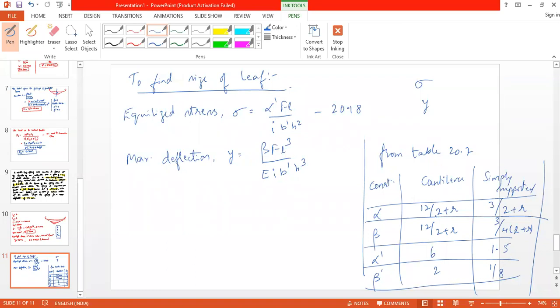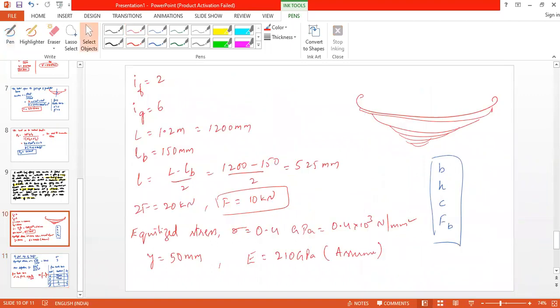So from table 20.7, for the cantilever type of strength, alpha dash is 6 and beta dash is 2. Alpha is 12 by 2 plus r, and beta is the same, where r is n dash by n, that is NF by n. How many full length leaves?